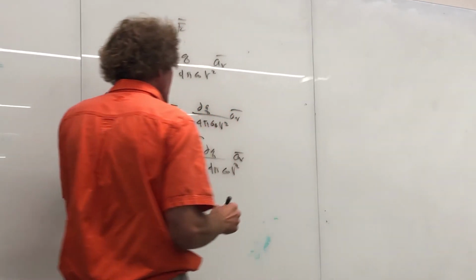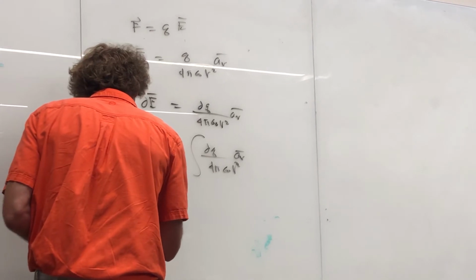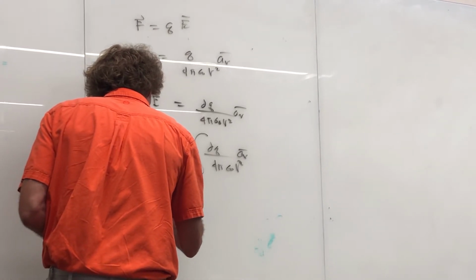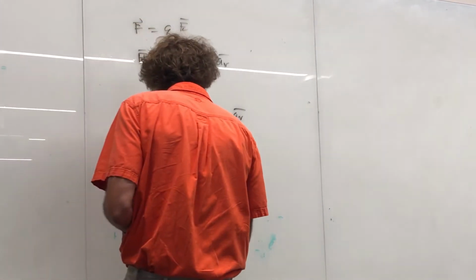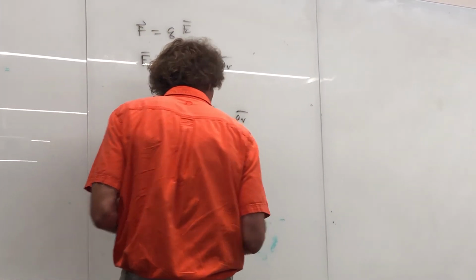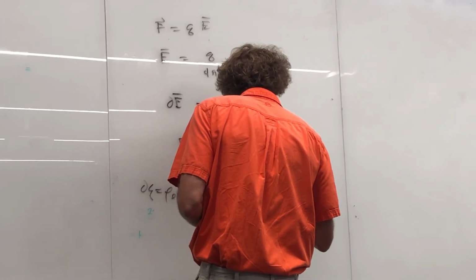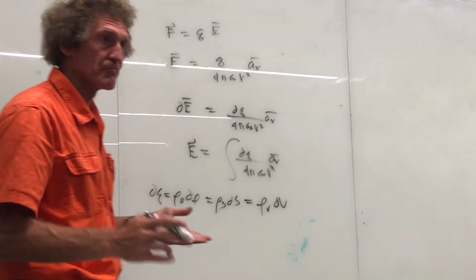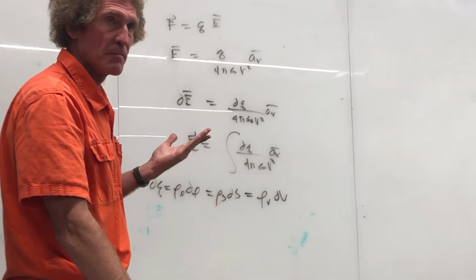Now dq can be given as rho L dl if it's a line charge, rho S ds if it's a surface charge, or rho V dv if it's a volume charge. So it depends what you're dealing with: volumetric, surface, or line.